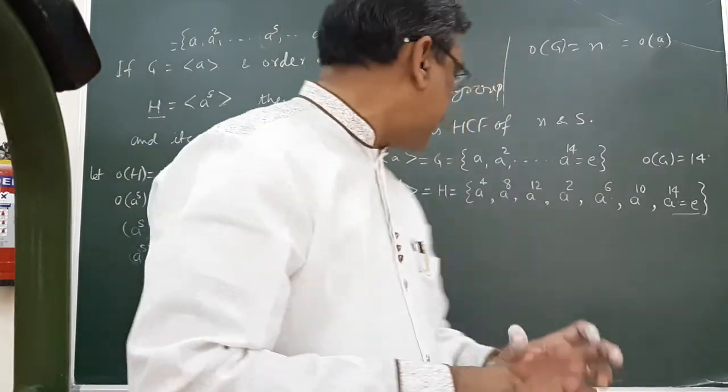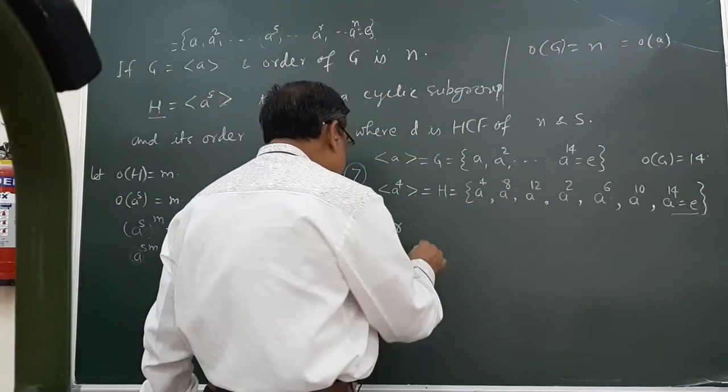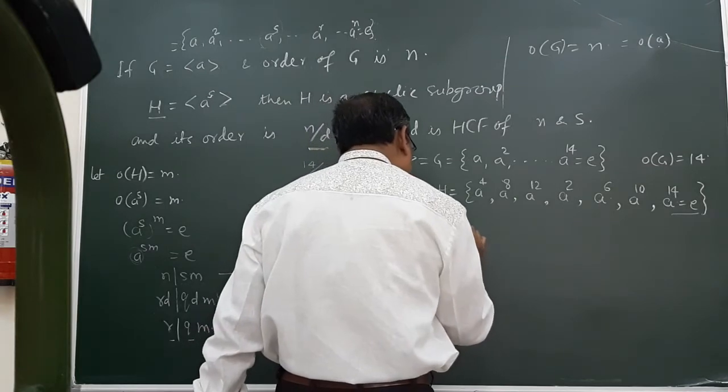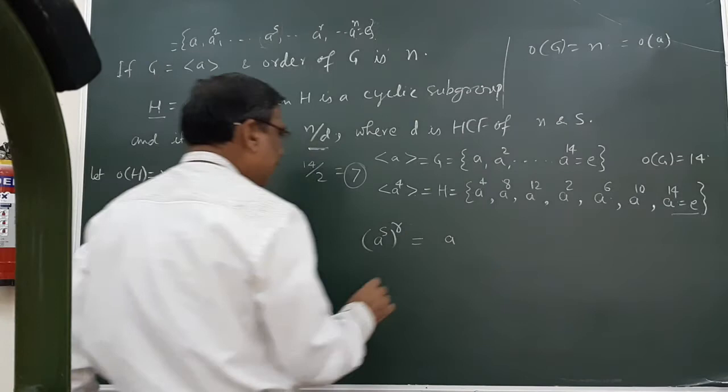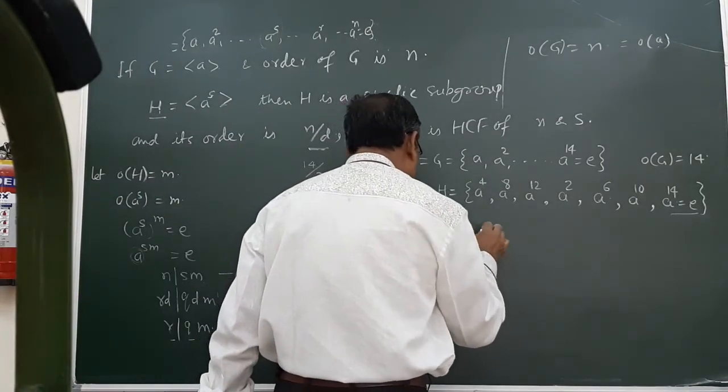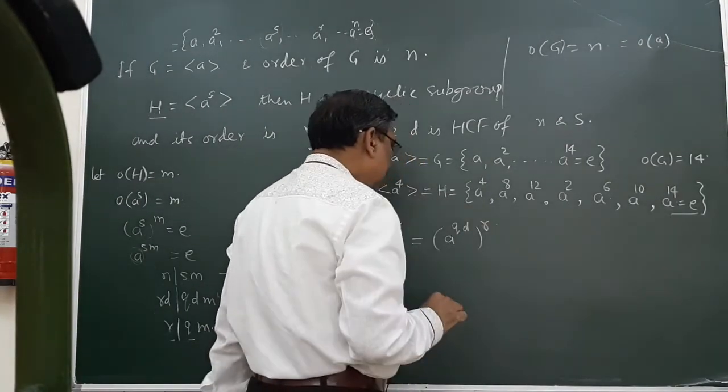A raised to the power S raised to the power R. And this I can write as A raised to the power S, where S is taken as QD, raised to the power R.